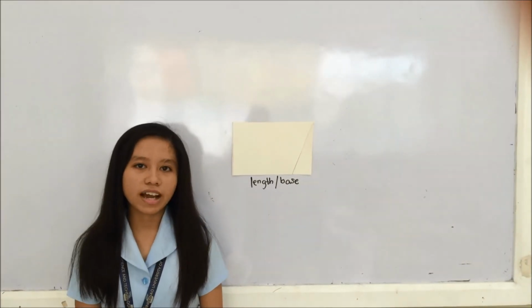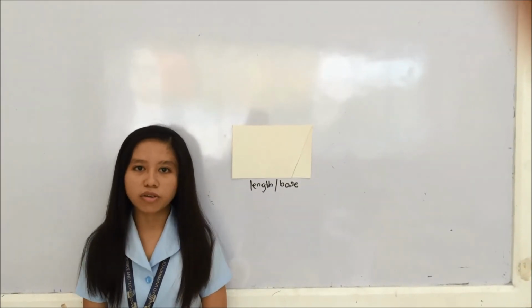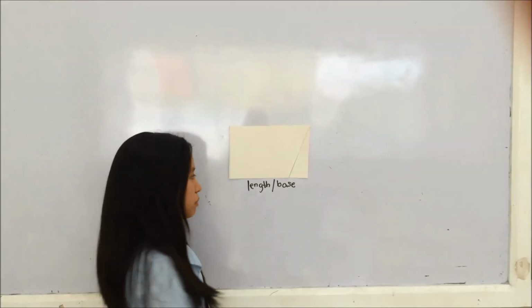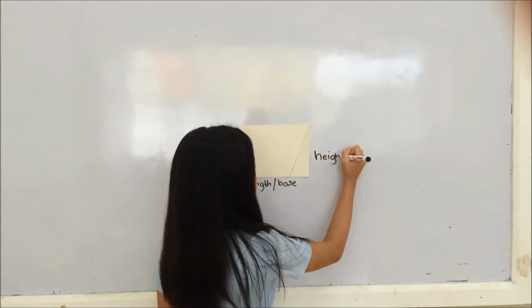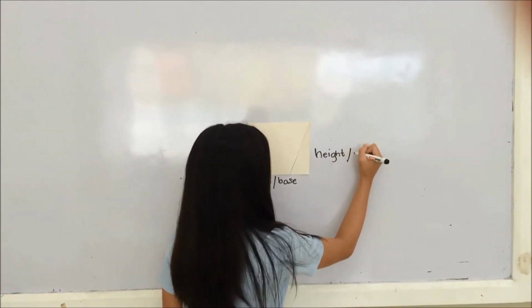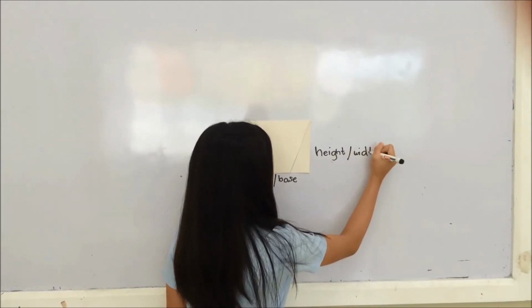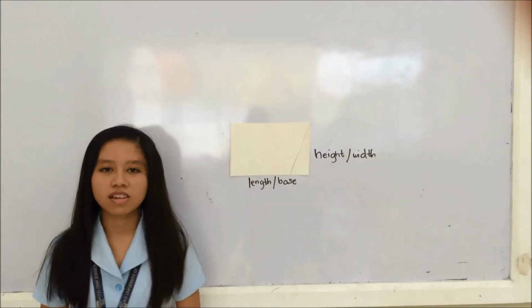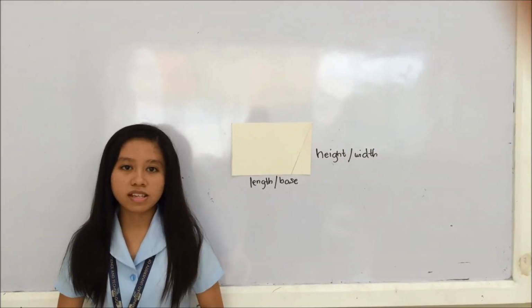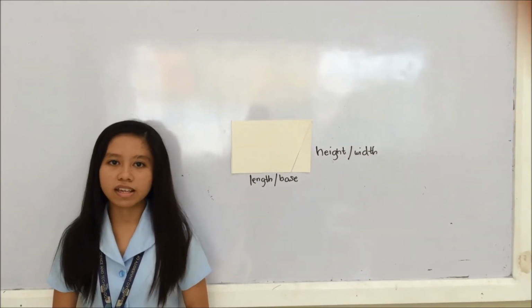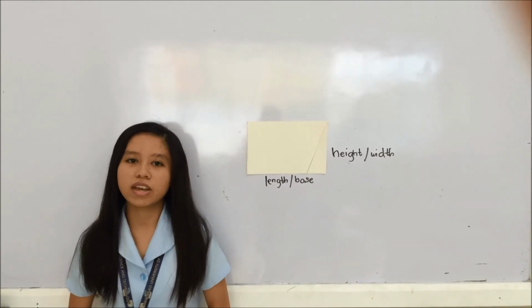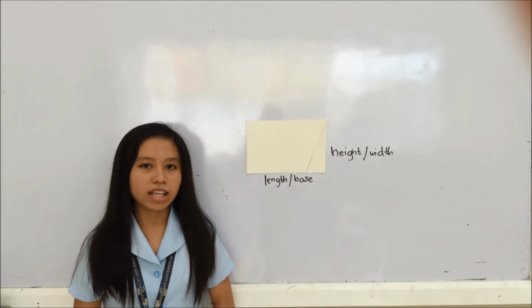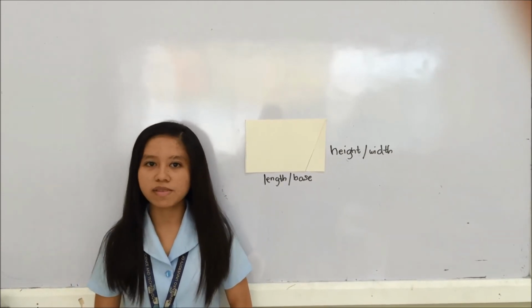And now, the height of the parallelogram is now the width of the rectangle. Using the terms base times height instead of length times width, now we can see that the formula area of a parallelogram is base times height.